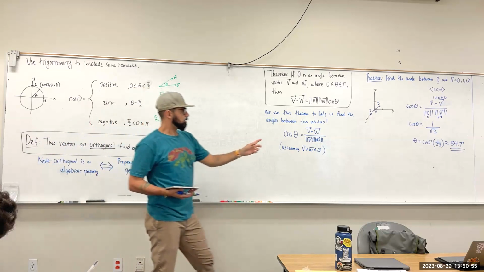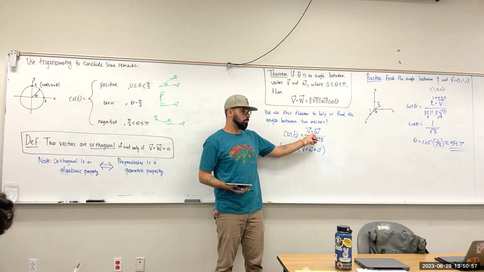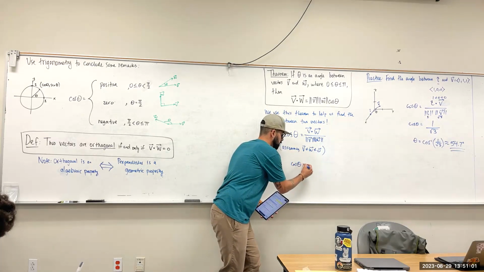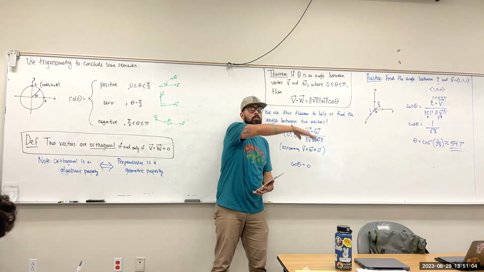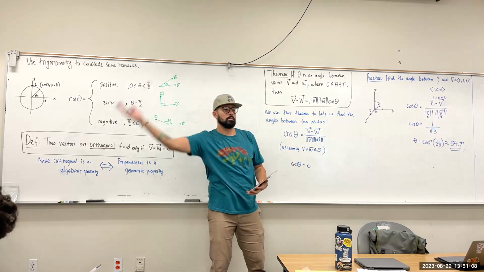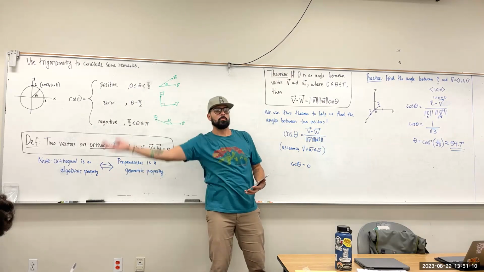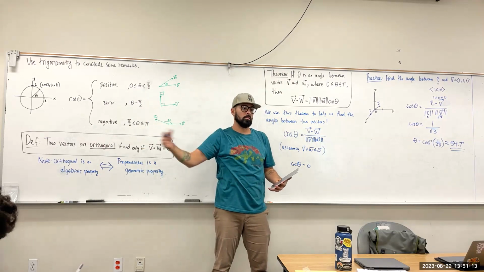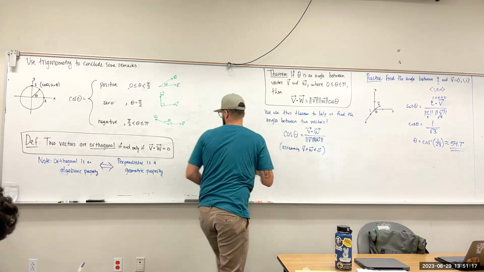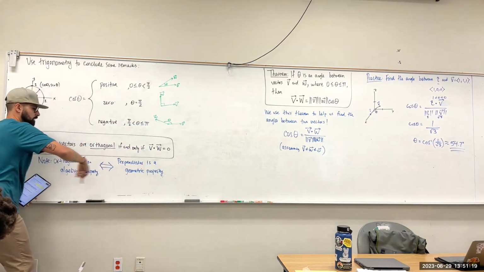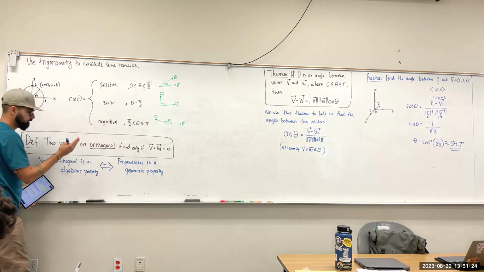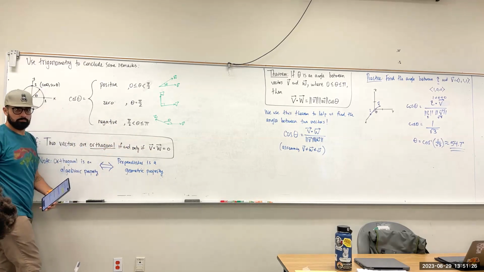And when the dot product is 0, I'm going to get cosine of 0. But if the angle can only be between 0 and 180, what angle must that be? It would have to be pi over 2, 90 degrees. So therefore, it'll be perpendicular. So these two, sometimes people use them interchangeably, but just understand this is talking about the geometry of it, meaning the angle. This is talking about the dot product of the vectors. Okay?